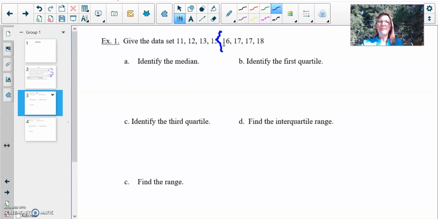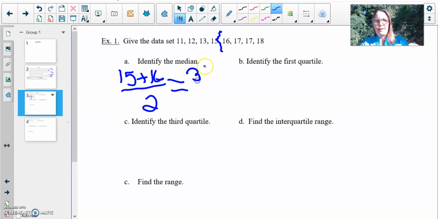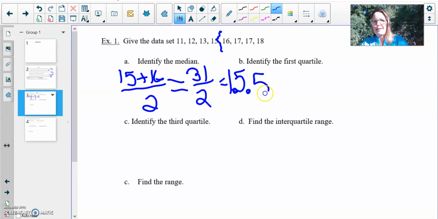The median is between 15 and 16. When that's the case, I add them together and divide by 2: 15 plus 16 is 31, divided by 2 is 15 and a half. That's our median.